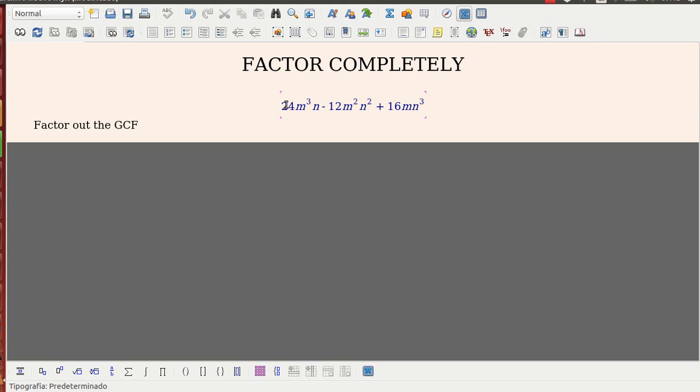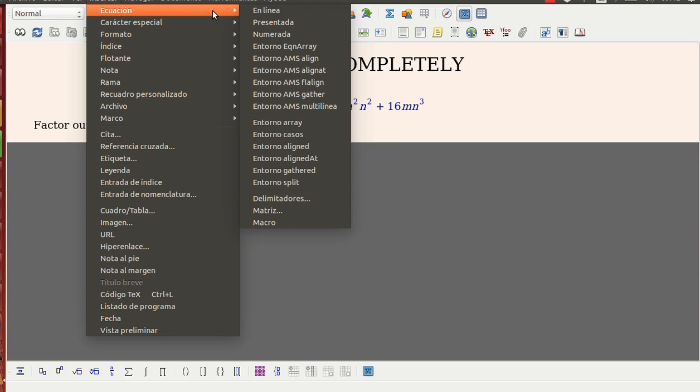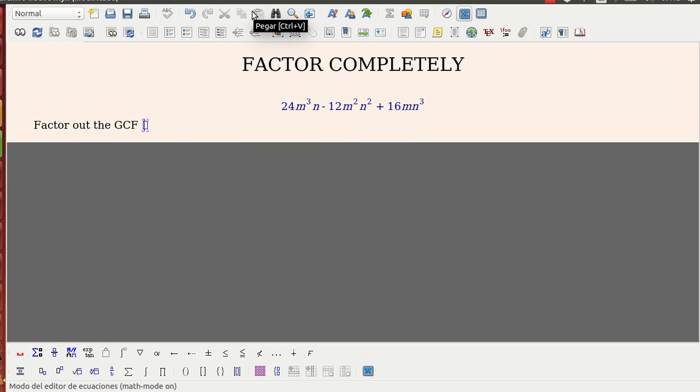And of the numbers 24, 12, and 16, the GCF is 4, or 8. No, it's not 8. It's 4. So the GCF is 4mn.